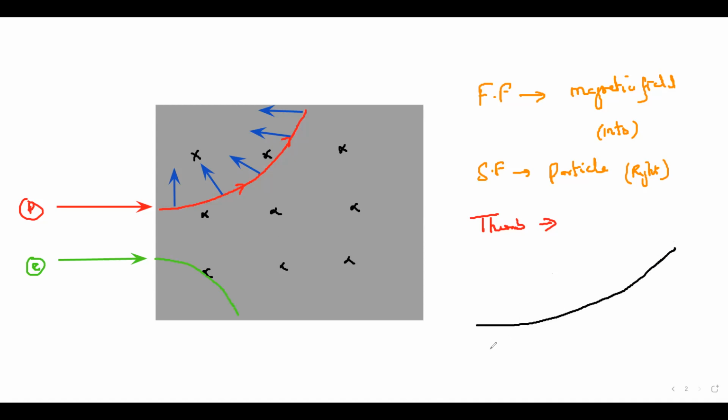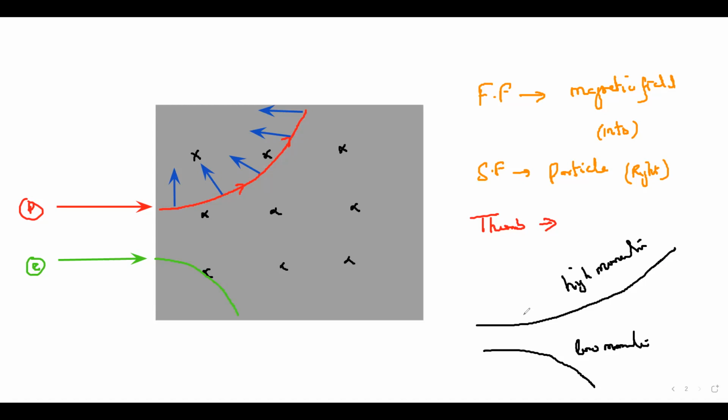This is a particle with a high momentum, and this is a particle with a low momentum. Momentum is the product of mass and velocity. High momentum means a greater radius of curvature, so the radius of this curved path will be larger. And an object which has a low momentum will have a smaller radius of curvature.